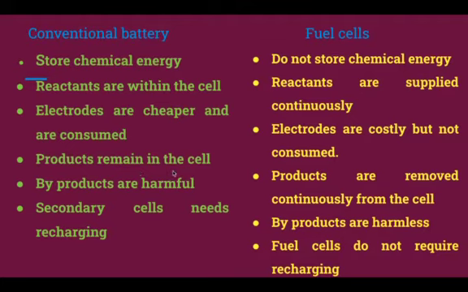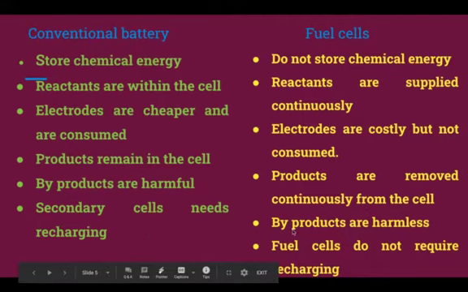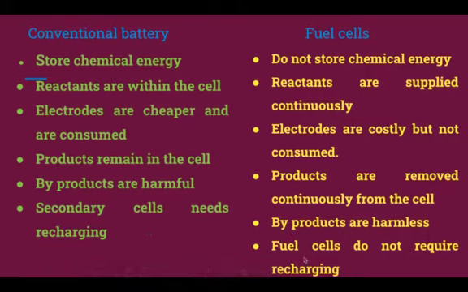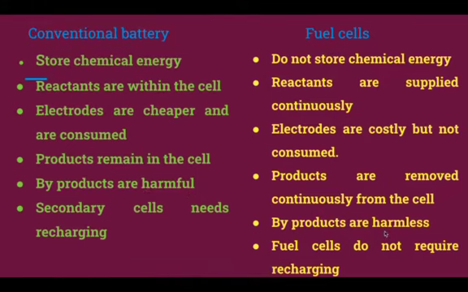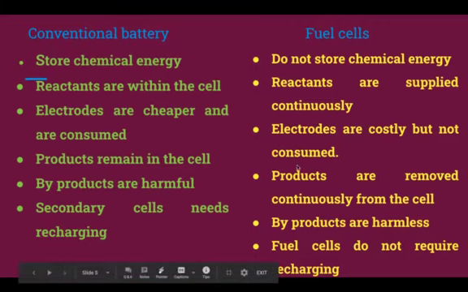In batteries the products formed remain in the cell, whereas in fuel cells the products are removed continuously from the cell. Secondary cells always need recharging, whereas fuel cells do not require recharging. The byproducts formed in batteries are harmful, whereas in fuel cells the byproducts are harmless. So these are the major differences between battery and fuel cells.